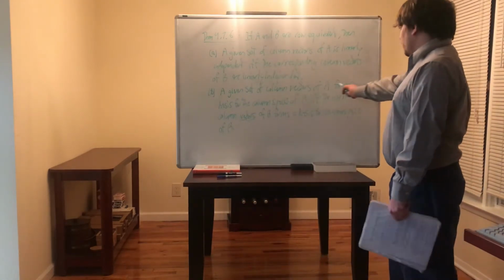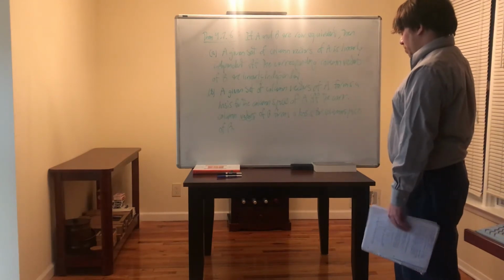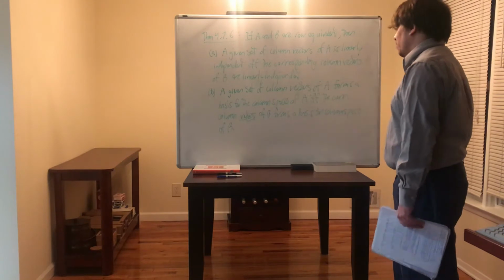So a given set of column vectors of A forms a basis for the column space of A, if and only if the corresponding column vectors of B form a basis for the column space of B.